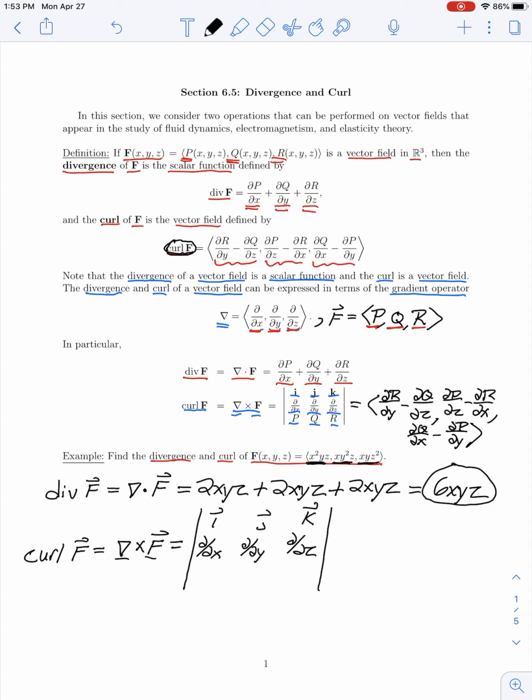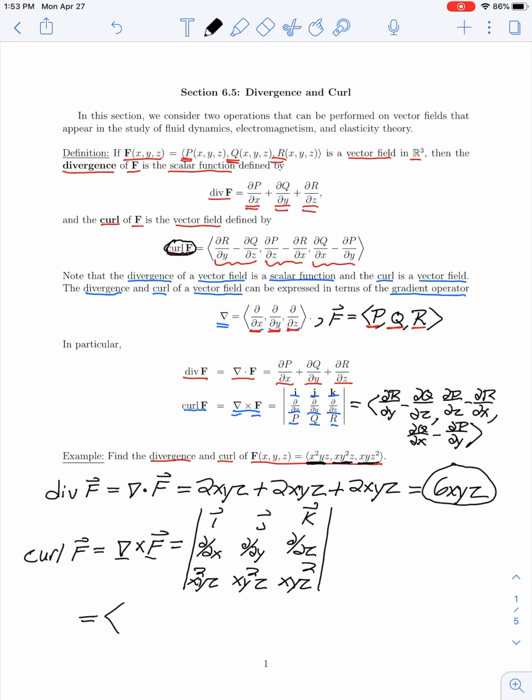So here our first component function was x squared yz. Our second function was xy squared z, and our third component, xyz squared. So let's see what we get for this vector field.